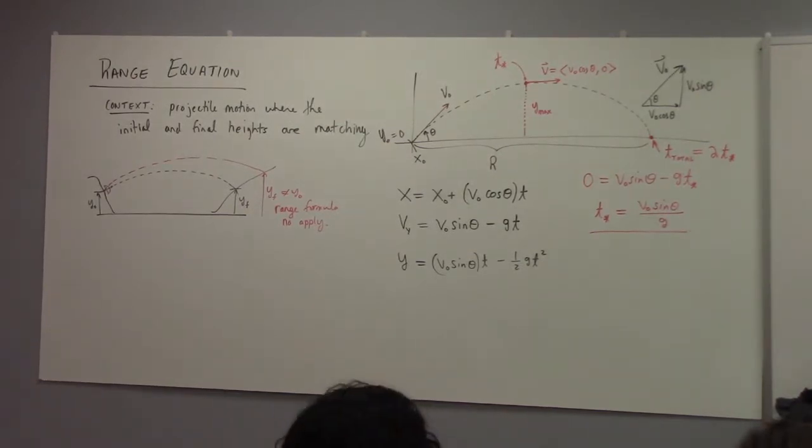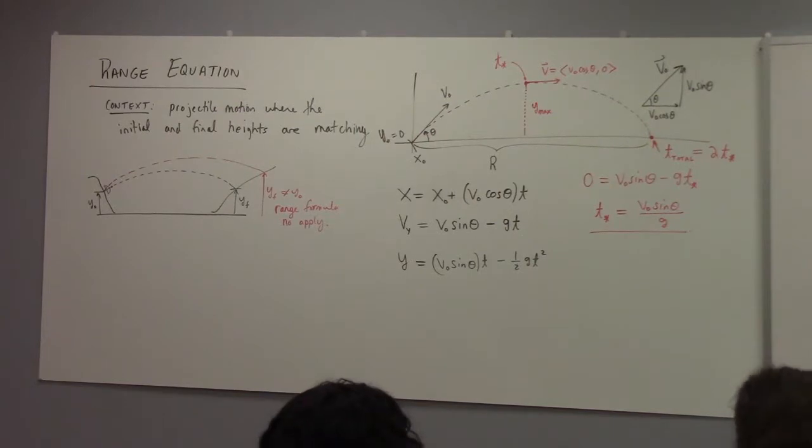That is v naught cosine theta times what? 2 t star. What is 2 t star though? Looks like we've got 2 v naught sine theta over g. Now, we can rewrite that. That's v naught squared times 2 sine theta cosine theta, all divided by g.